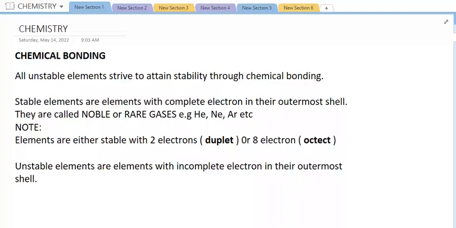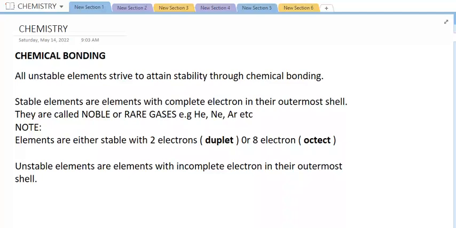I will explain in detail these two terms, duplet and octet stability. The one stable with 2 electrons is duplet stable, and the one stable with 8 electrons is octet stable.